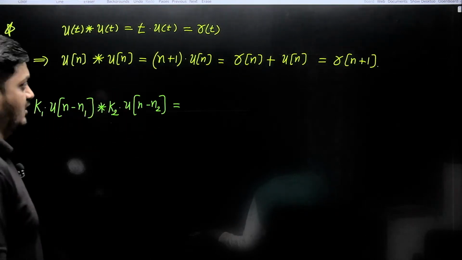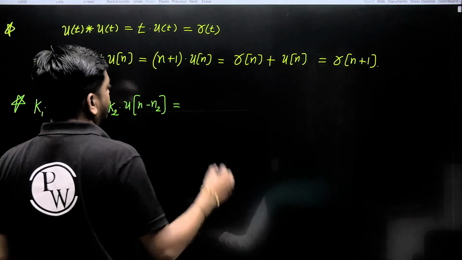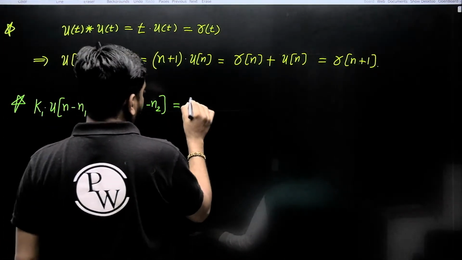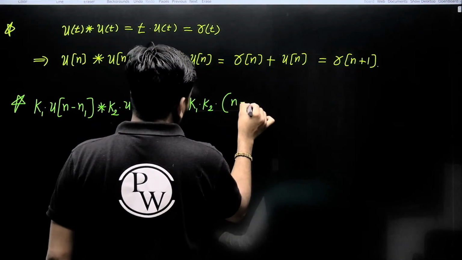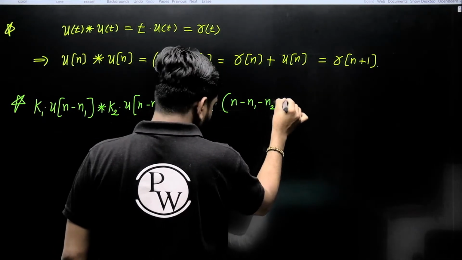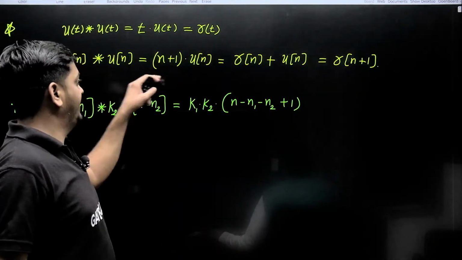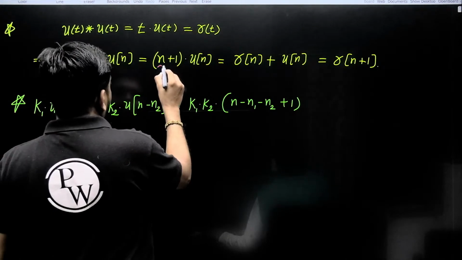Simply you can write this as r of n plus 1. Here also you can write k1 k2, n becomes n minus n1 minus n2 and plus 1, guys. Replace n with what?